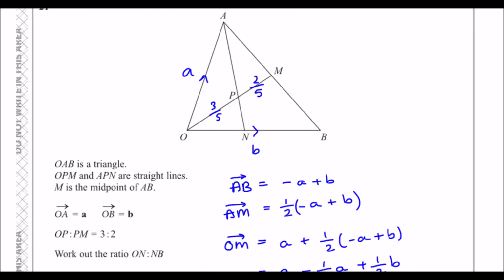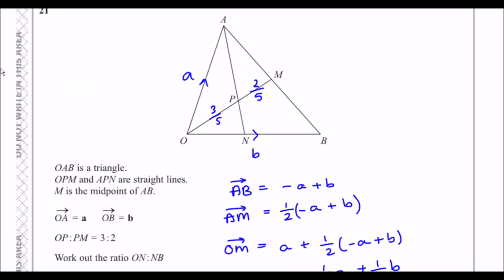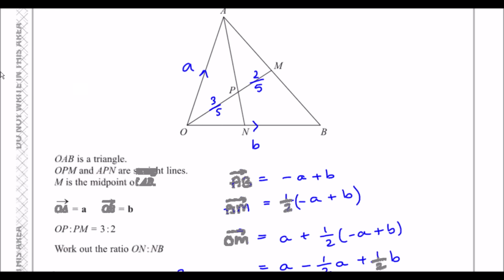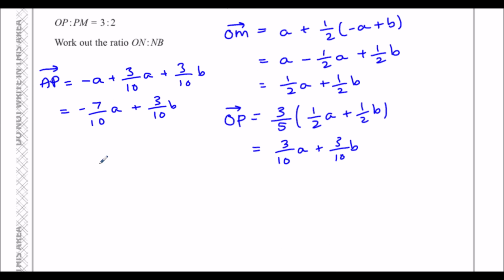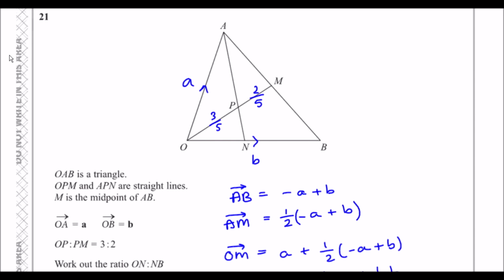So I've got A to P, and I know N is an extension of that line. So A to N is an extension of A to P. So I'm going to call it x times A to P. So that's A to N.